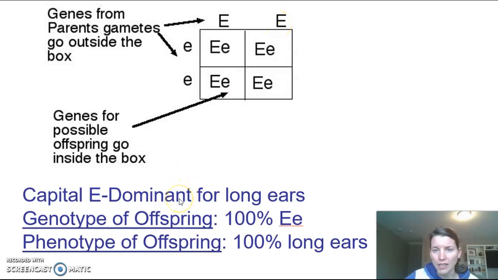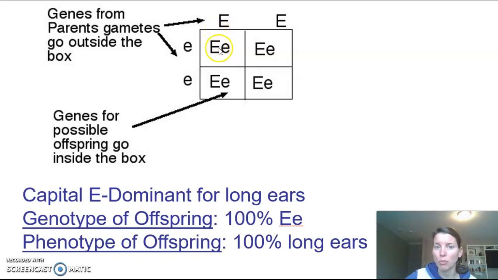Here we're talking about bunnies, let's say, rabbits, and we're looking at long ears. Capital E represents long ears; it's dominant for long ears. So you have one parent who is homozygous dominant for long ears up here, and another parent over on the side that's homozygous recessive. Parents go on the outside of the box. The offspring results then go on the inside, and all you do is drag from the top and the side over. If there's a capital letter, I always put the capital letter first because it's easiest to read.